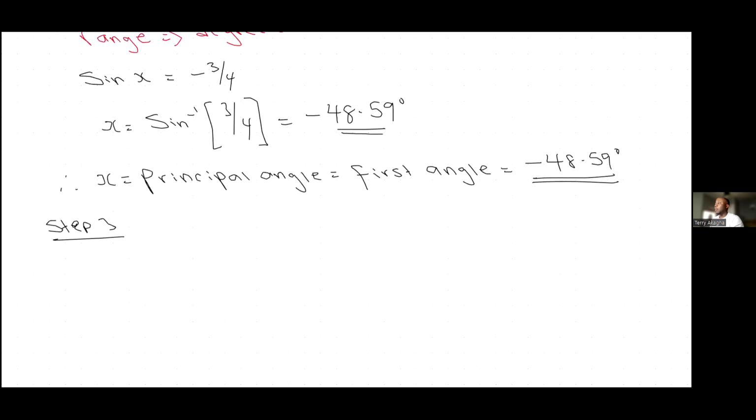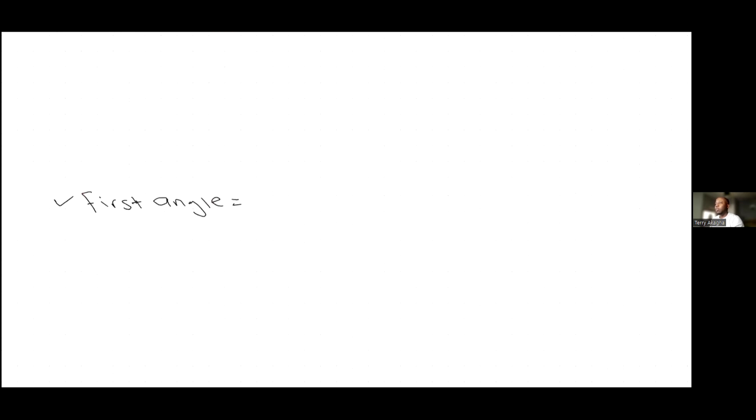So we have the first angle. So the first angle that was given, we have is minus 48.59. Now the second angle, okay, how do you get the second angle for sine?